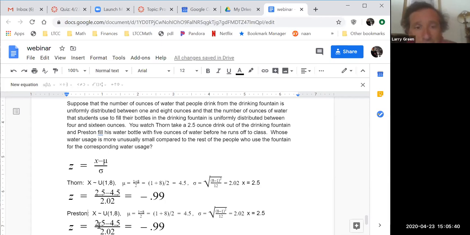Preston, by the way, is drinking out of a water bottle and filling his bottle. So what's Preston's uniform distribution between what and what? The hint is it's in there. Yeah, 4 to 16. So I'm going to take that 1, make it a 4, and take that 8, make it a 16.